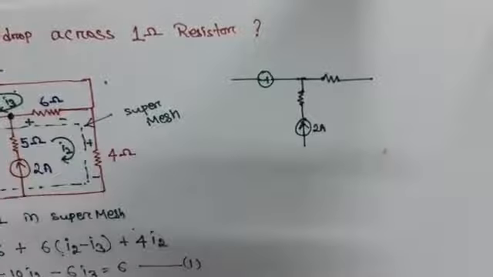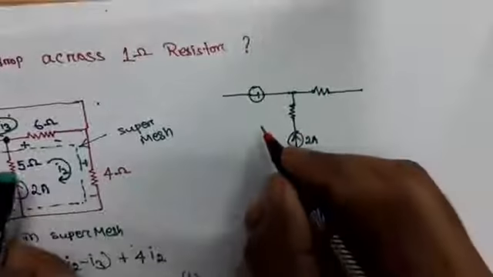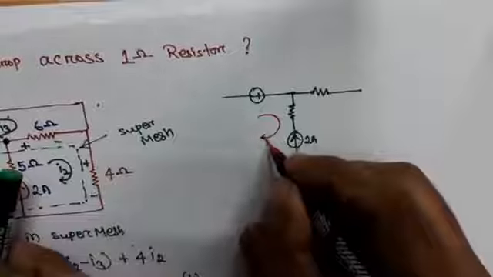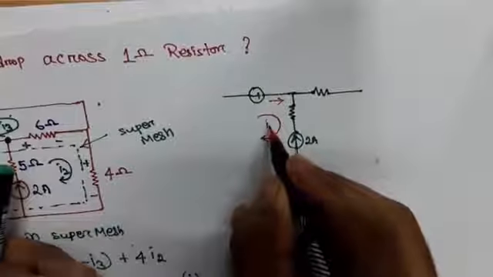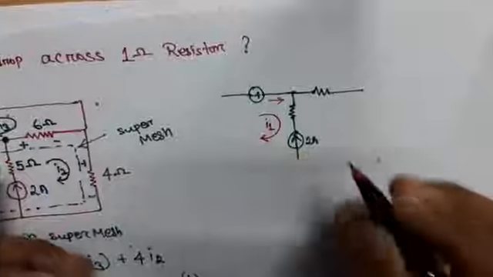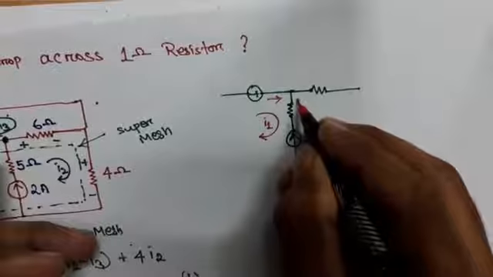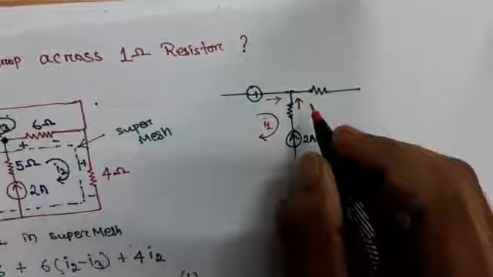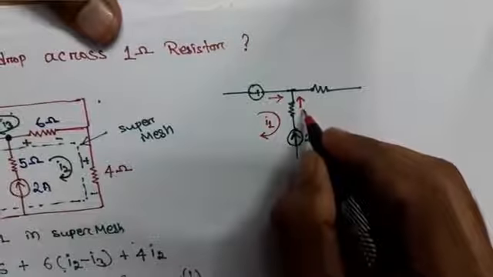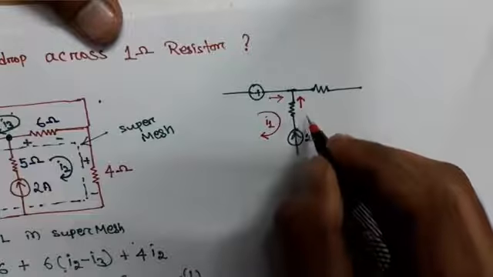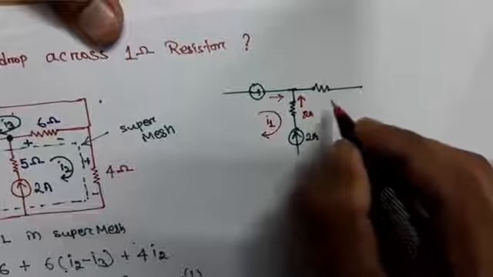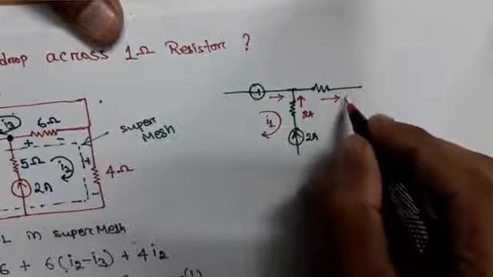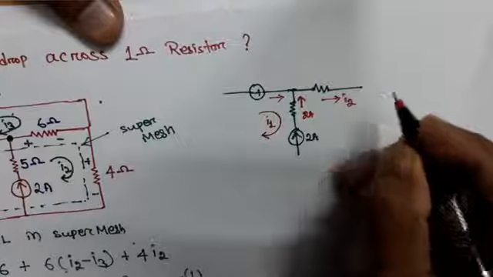See, here I1 is flowing in this way, and here I2 is like that. It's 2 ampere. Then here is I2 in this way.